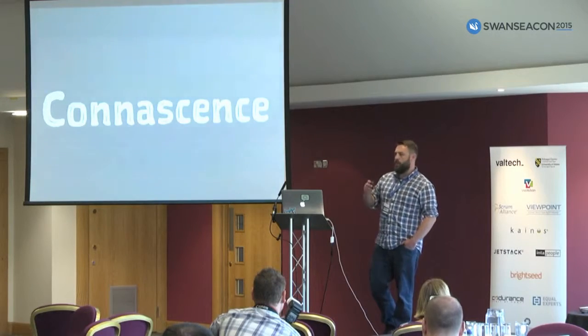So I was introduced to Connascence by Jim Weirich in a talk he gave at the Scottish Ruby Conference in 2010, I think, called The Grand Unified Theory of Software Development. There's various versions of this talk out there. If you can go and find one, watch it, because it's really, really good.